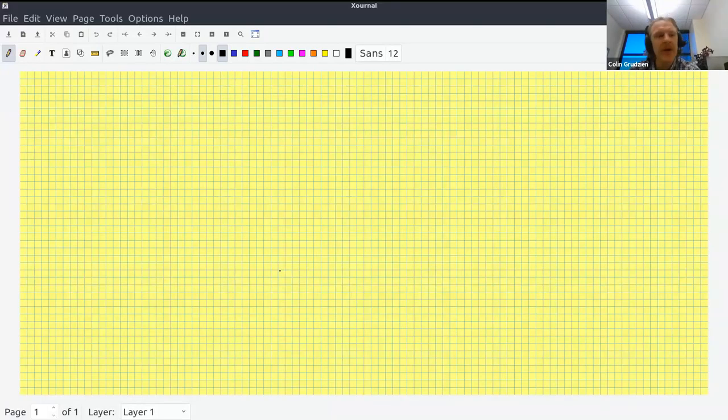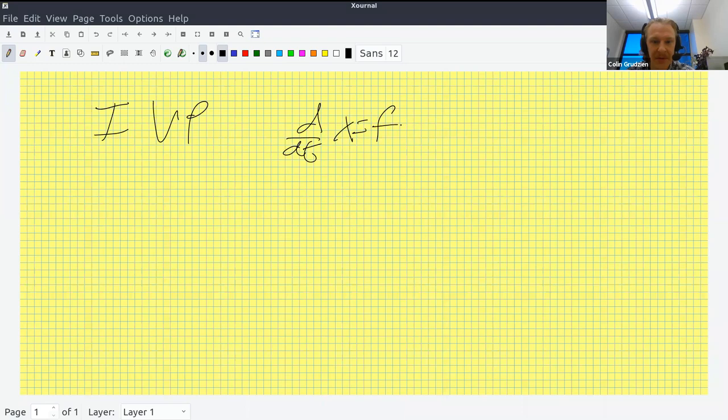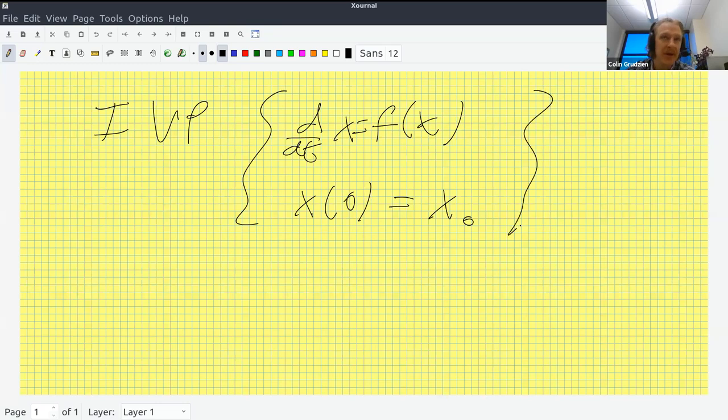So the way you can really think about this is as an analog of the initial value problem. Suppose you have dx/dt equal to some f of x, and the initial condition x at 0 is equal to some initial data x naught. This is our traditional deterministic initial value problem, and we could include time dependency, various parameters, anything like this.